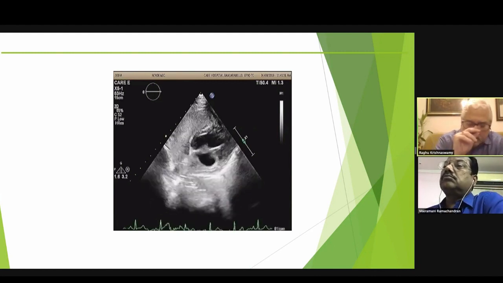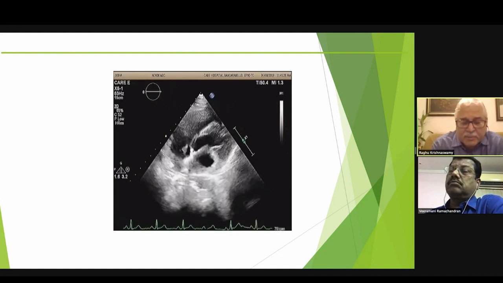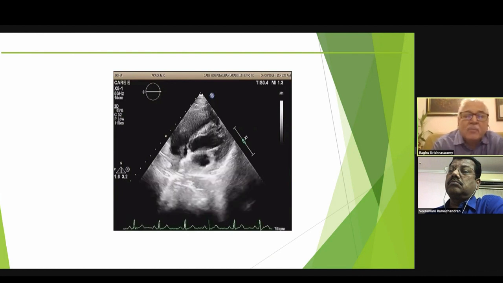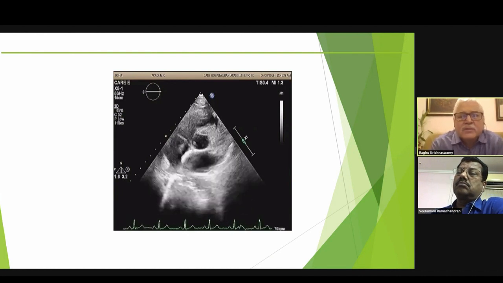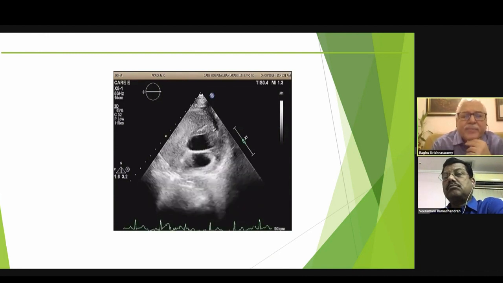But we could not be very sure where exactly it was attached. The CT pictures were not very clear as to where the attachment of the mass was. So the mass itself, at least in transthoracic echo, didn't seem very mobile.